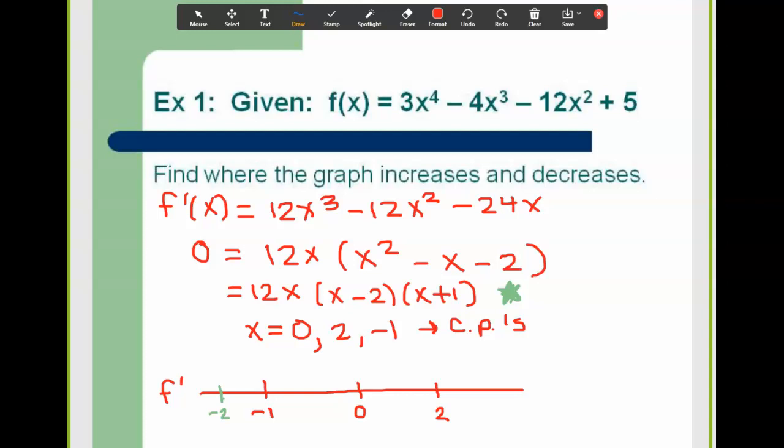I don't care what the number is. It's just negative. Negative 2 minus 2 is negative, and negative 2 plus 1 is negative. So negative times a negative times a negative is a negative. So to the left of negative 1, the values of f prime of x are negative.